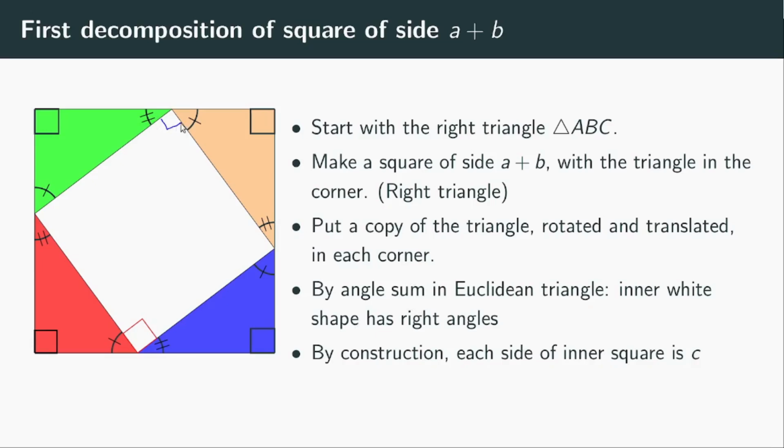That tells me that my inner white shape has right angles in each of the corners. And by construction, each of its edges is a copy of the hypotenuse of my original triangle, so they all have length little c.